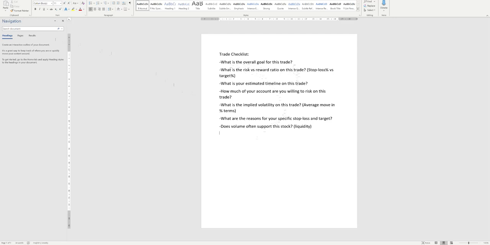How much of your account are you willing to risk on this trade? So there's things like allotted percentages that you can apply to your strategy. Basically, like me, for example, I never go in a trade with more than 15% of my account, and even 15 is pretty big.